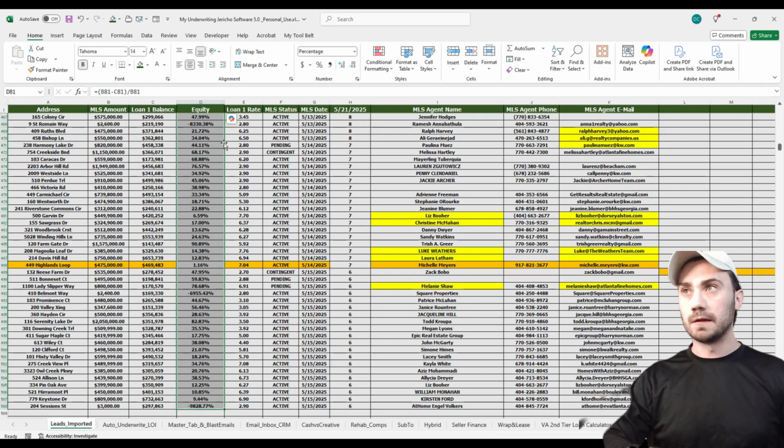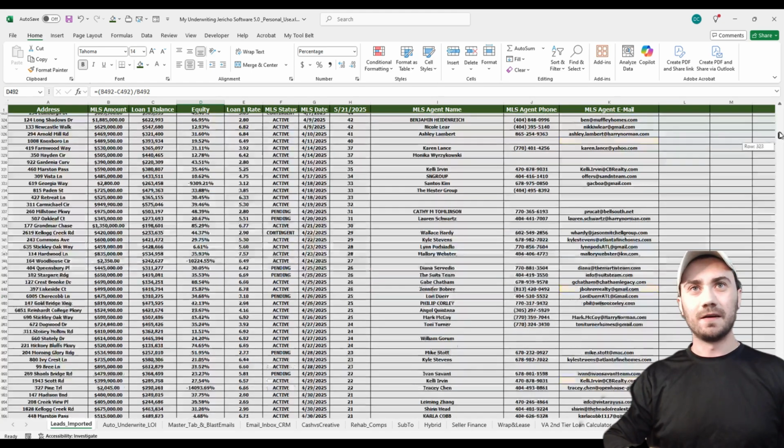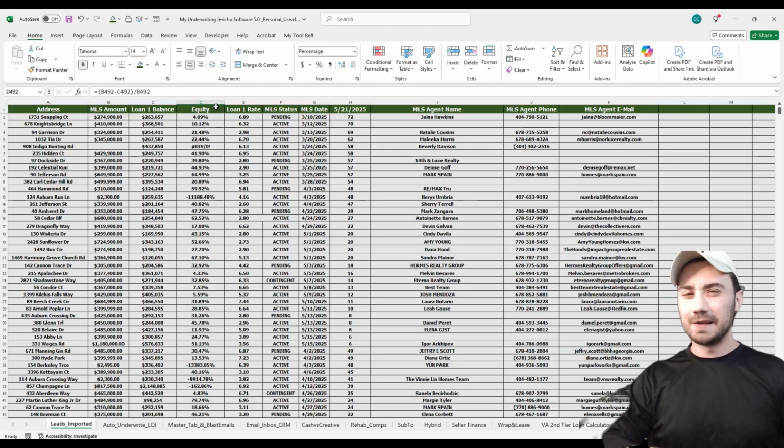Now you'll see immediately that you have some pretty funky equity percentages here that say the equity percentage is negative 8,000%. Don't be worried about that. Remember when we did our pre-filtration in PropStream, how we indicated for the MLS status of the listing that we wanted to look at properties that were active, but also properties that were for rent.